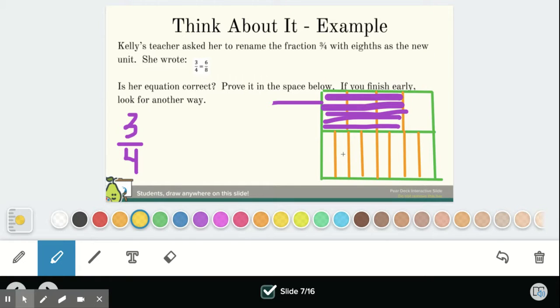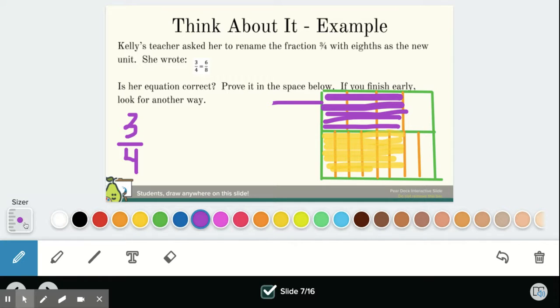And let's make sure: 1, 2, 3, 4, 5, 6, 7, 8. All right, so I'm going to shade in 6 because I want this to represent 6 over 8. All right, so now I'm going to write this fraction over here, and it's going to represent 6 over 8. So we got 6 over 8.